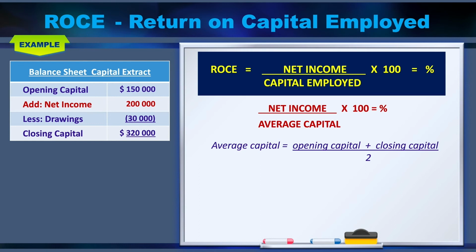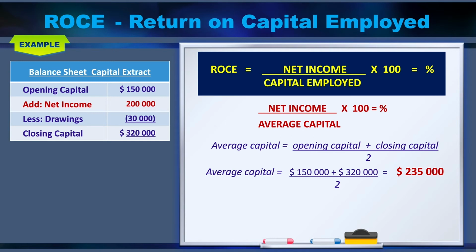And the average capital, opening capital plus closing capital divided by 2, means it would be 150,000 plus 320,000 divided by 2, which gives us an average capital of $235,000.